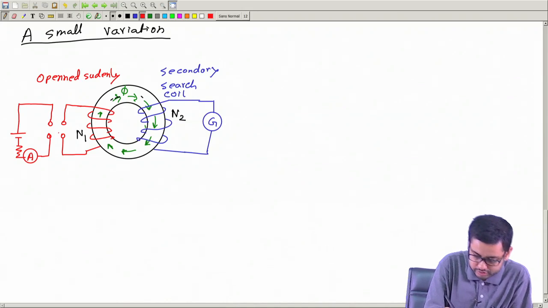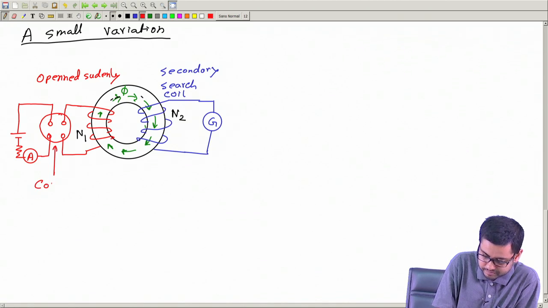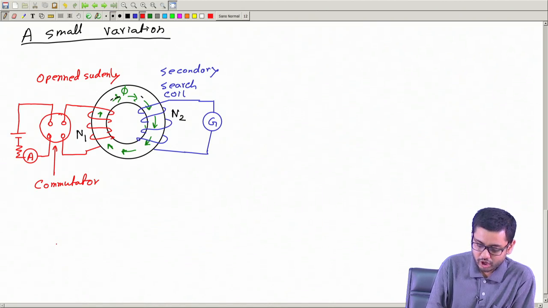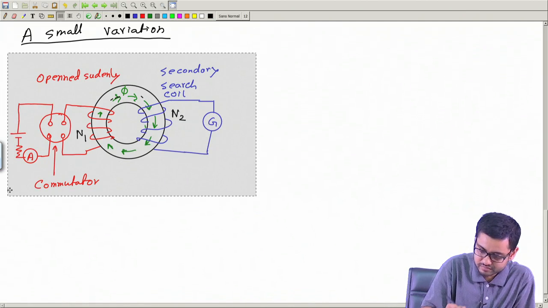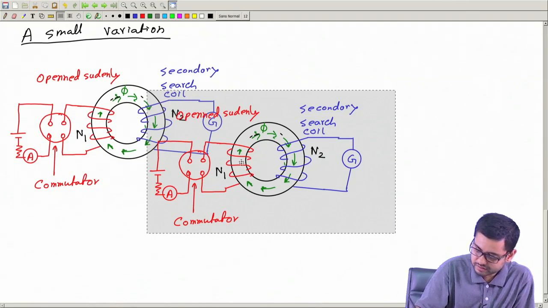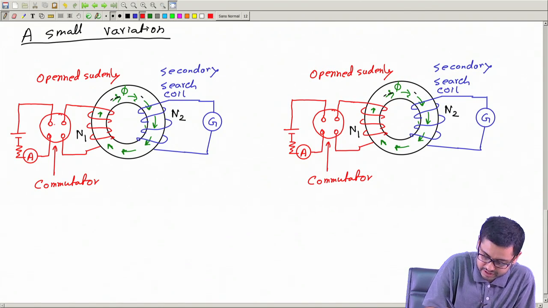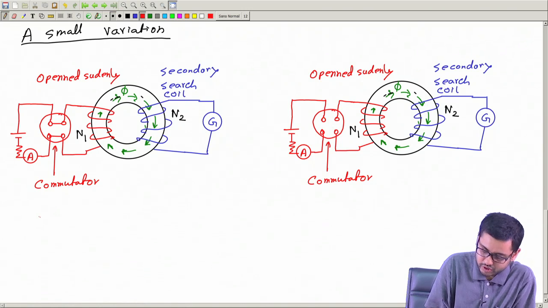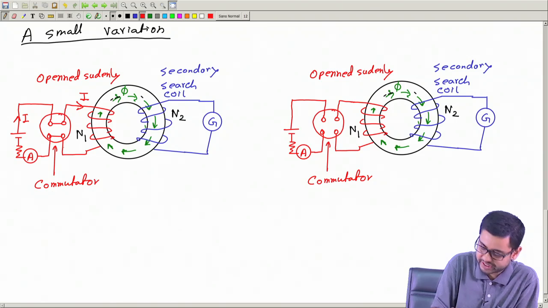Okay, I am not good at drawing this commutator. Initially we will have this connected like this, and the current I is flowing in this direction.